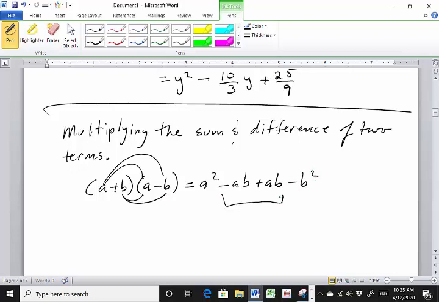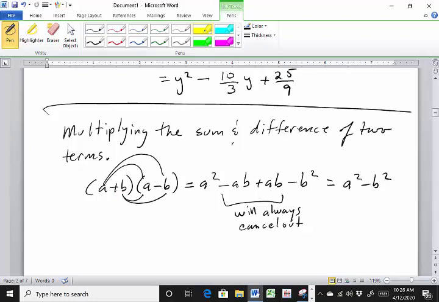Now notice these two cancel, and they will always cancel out. Always. That's if you have the sum and difference of two terms. So what we end up with is just a squared minus b squared. So there's also a pattern here. Well, that's just the first term squared and then the second term squared.